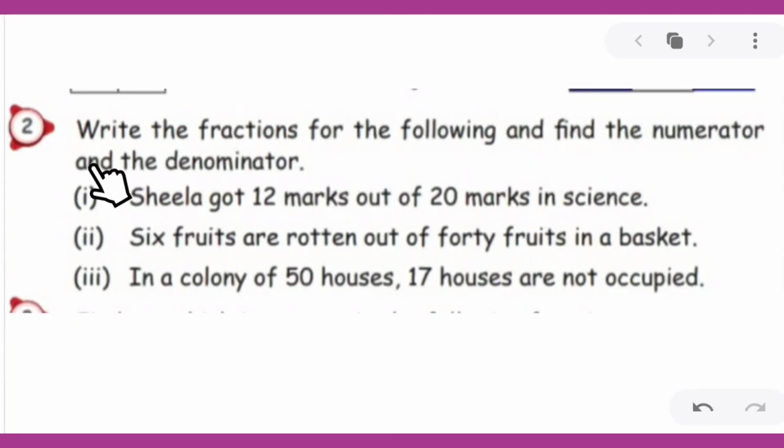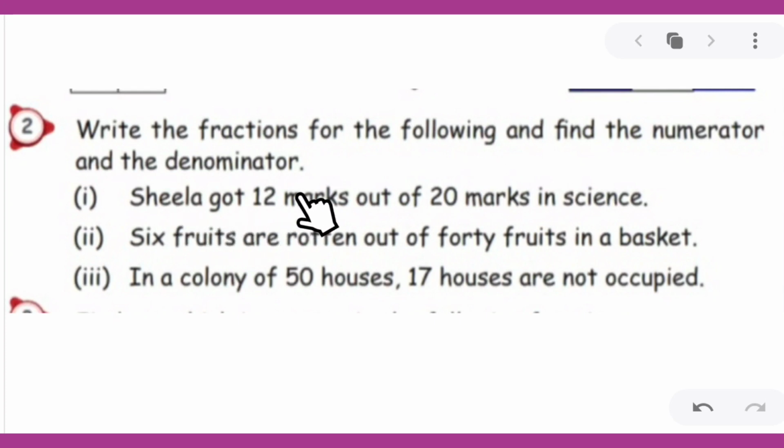Second question, write the fraction for the following and find the numerator and the denominator. So we have to write the fraction value, and find the numerator value and denominator value. Children, see the first question. Sheila got 12 marks out of 20 marks in science.